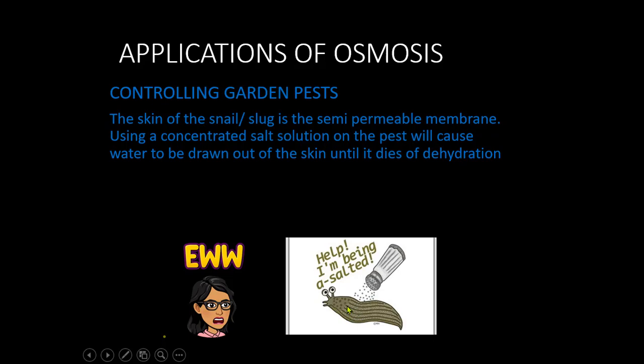And that movement of water from high concentration to an area of low concentration, which is outside, will cause the animal to die from dehydration because they will end up losing so much water. Have you all ever tried throwing salt on a frog?